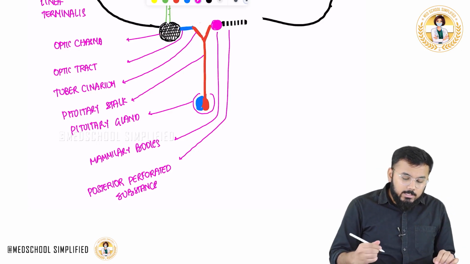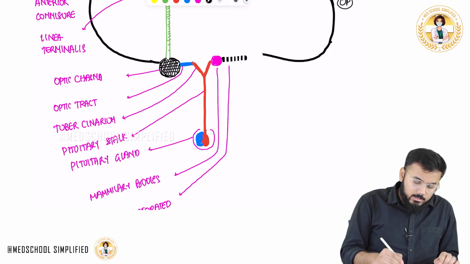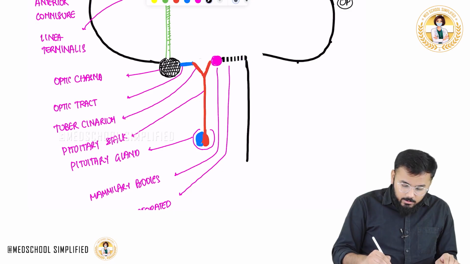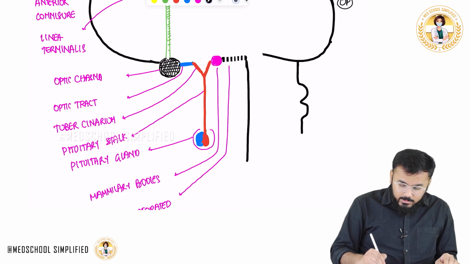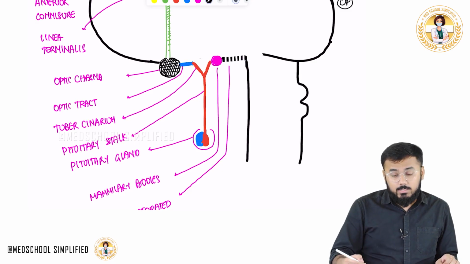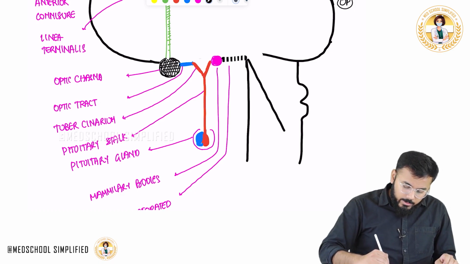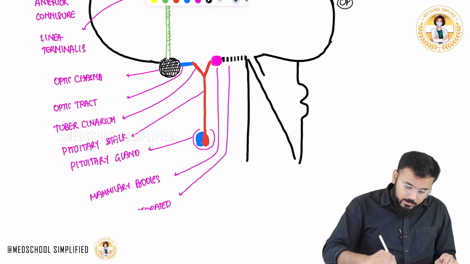Next, just beneath this posterior perforated substance, this particular part which I am drawing right now is called your midbrain. Now, in the center of the midbrain, you have got an opening duct like this, you see.